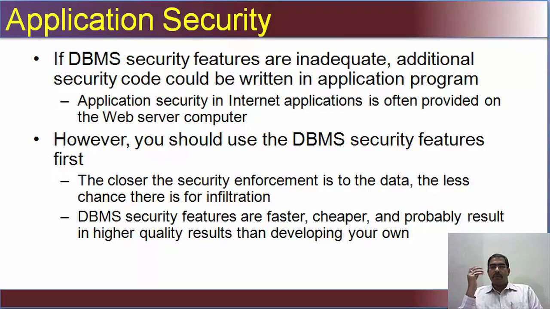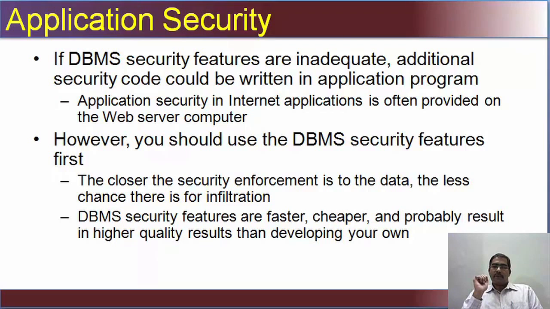Tomcat. So you should know that additional security features can be built on these web servers, the applications, to additionally protect your database. But the primary thing is you should use the DBMS security features first. So you should secure on both the places, but secure your DBMS first.